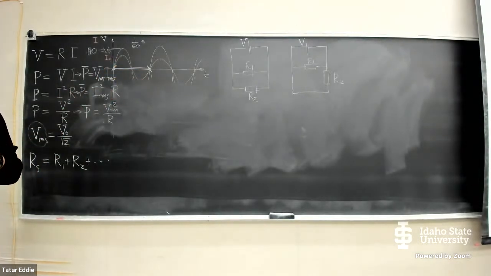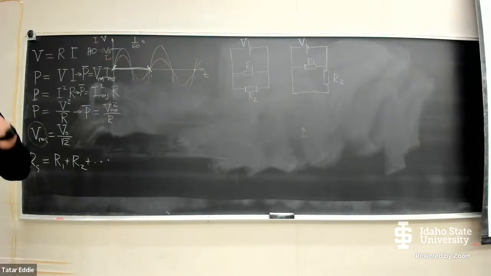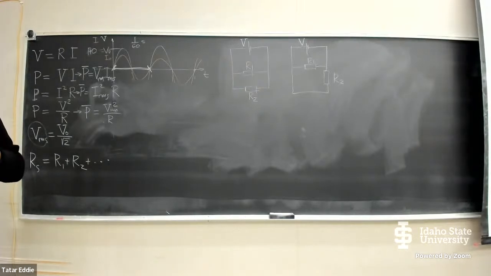How to recognize a connection in parallel? The only way to recognize that two appliances, two resistors are connected in parallel is to see if they're under the same voltage.